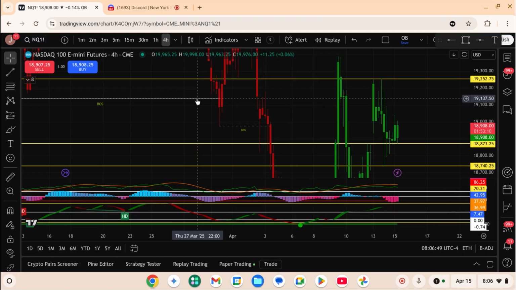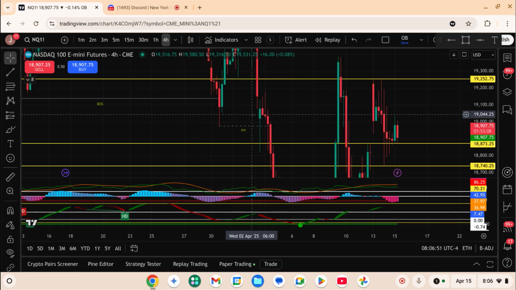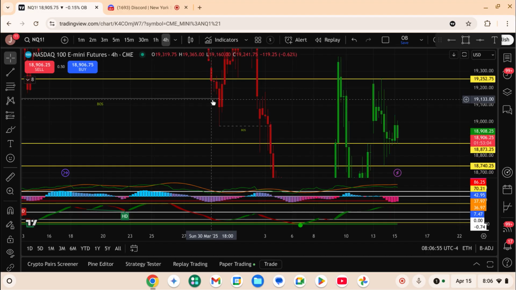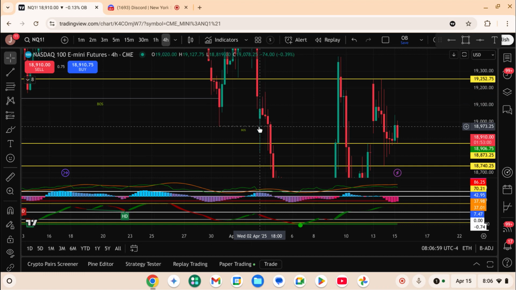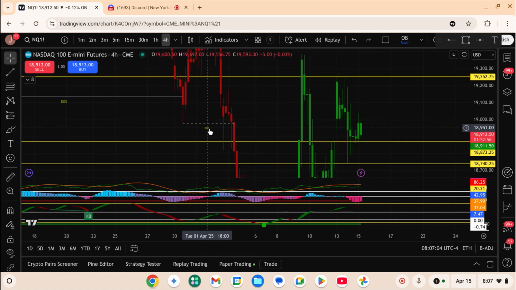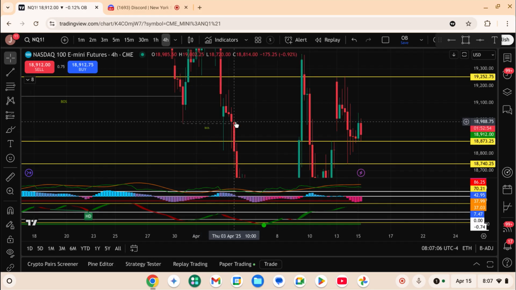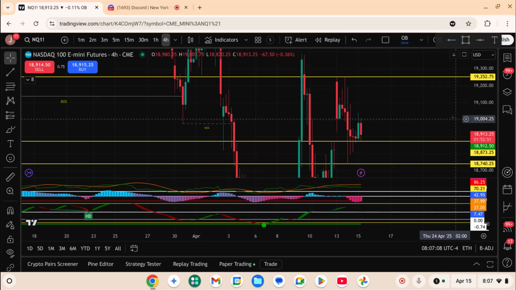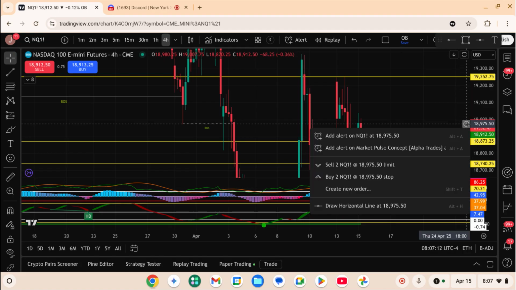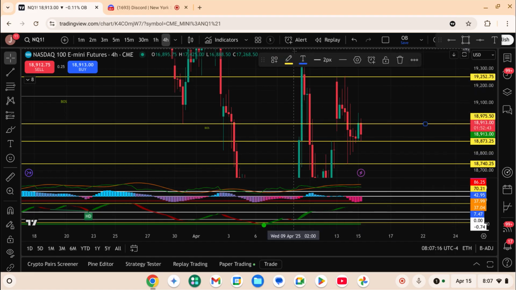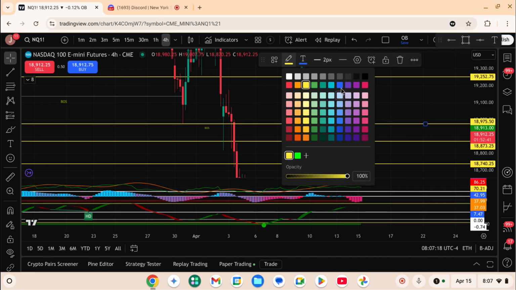Tapped into this one. And it definitely tapped into it, it's right here right now. So we'll go ahead and draw this one up. 4 hour breaker structure. Let's change that to blue.